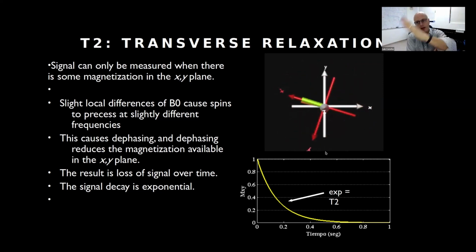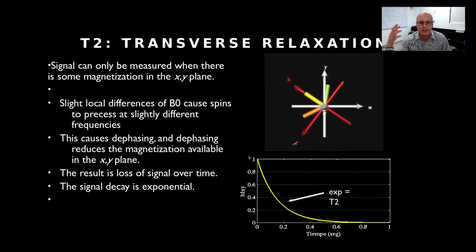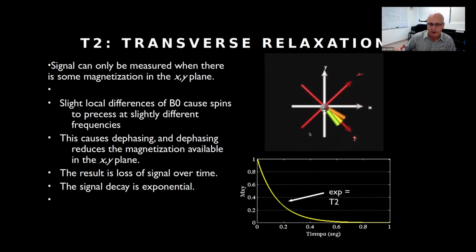So these are aligned on the XY plane. They should all be precessing at exactly the same frequency, but because the tissue has some properties that make whatever spin is on the right, a couple micrometers on the right, then another spin on the left, they are precessing at slightly different frequencies, and hence they tend to dephase.